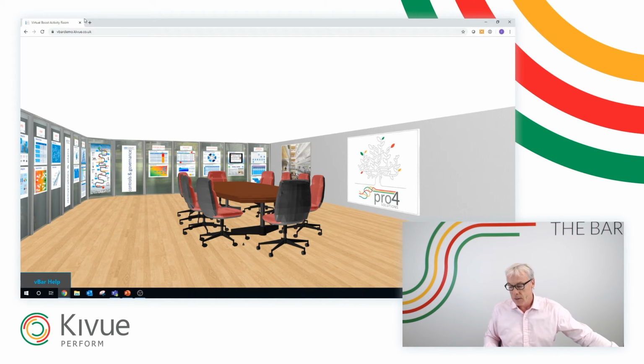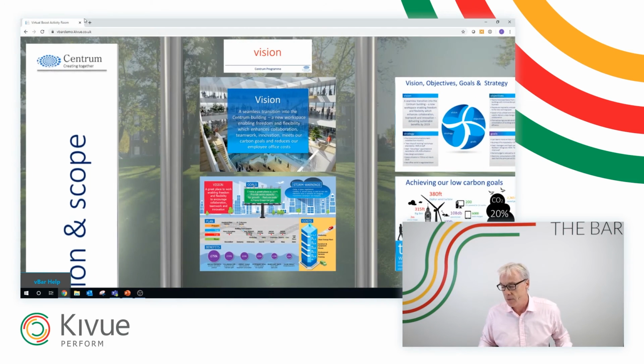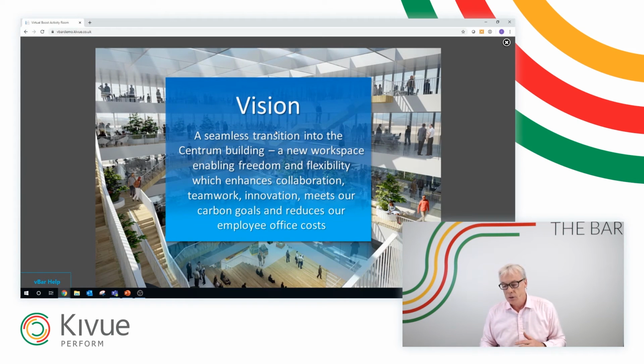So in the V bar, we'll go to the first section here, which is the vision and the objectives of the program. And this is the sort of level that I would suggest you would be looking at articulating what the program is all about. So we're talking about a single sentence, not a PID, not a program charter, not some great big document, but a single sentence that's well presented and that articulates in one simple sentence what this program is all about.